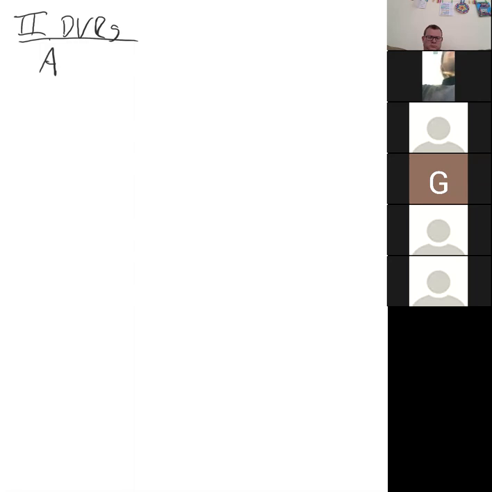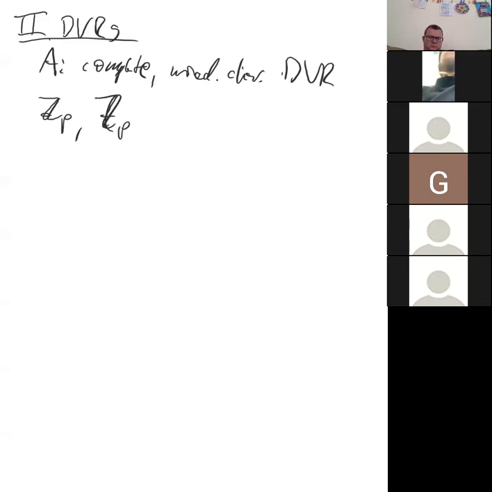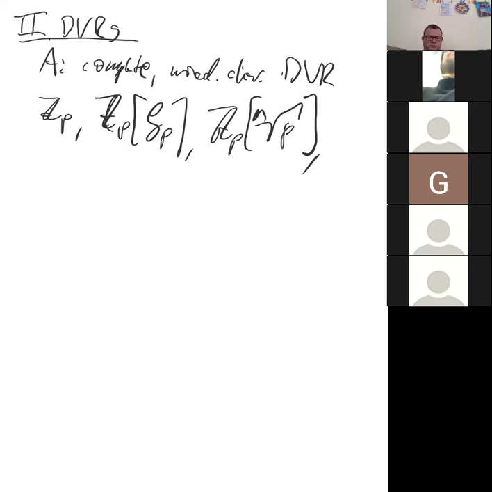In the rest of the talk, I want A to be a complete mixed characteristic discrete valuation ring, and think of examples such as Z_p with some stuff adjoined, or Witt vectors of a finite field, which is also of that form, stuff like that.